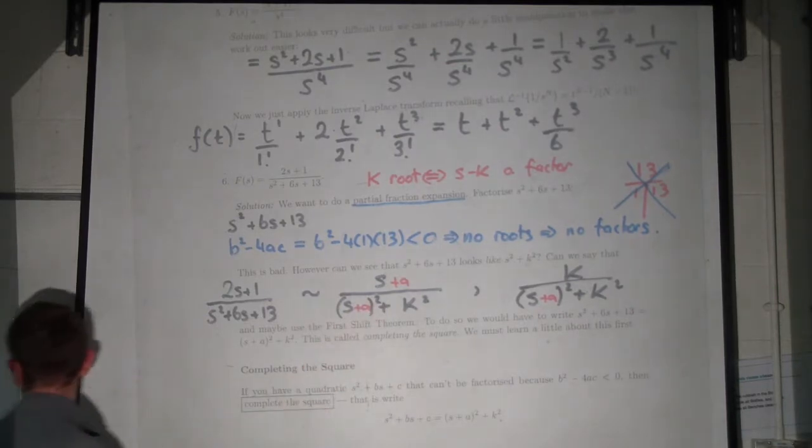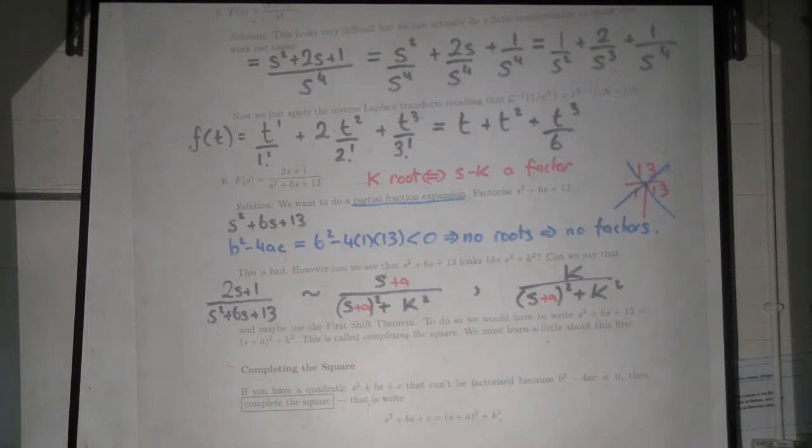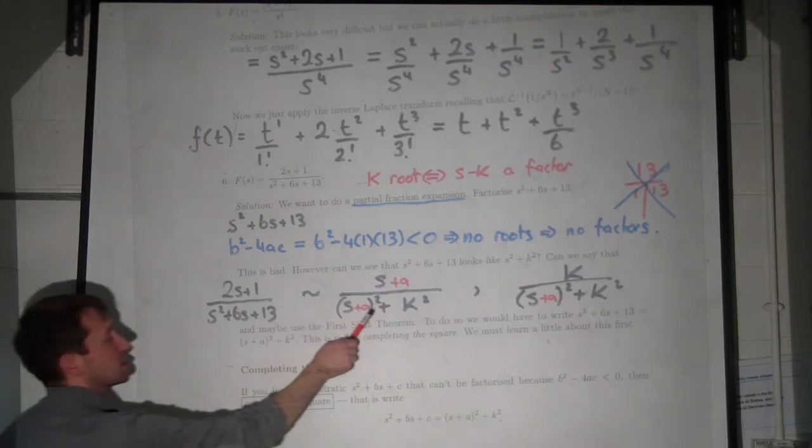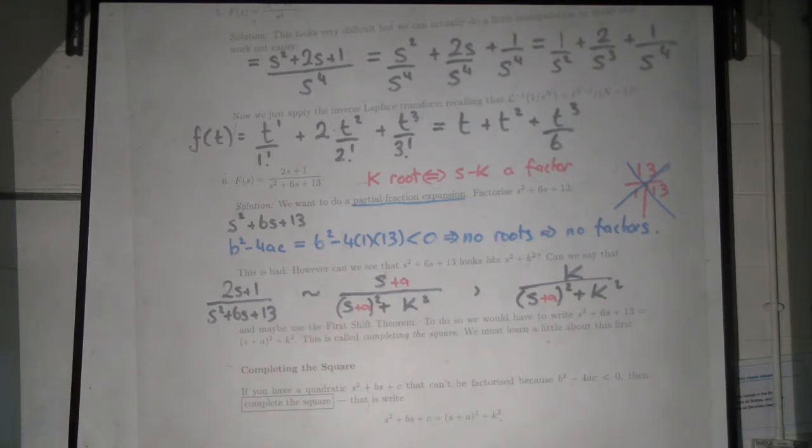If you had one of these, it would come back as a cos, but the plus a would mean it's shifted. So this one here is a cos but shifted, so we must multiply it by this exponential shift. If we were to send that back, you'd have cos kt times a negative exponential. What happens to this negative exponential? It's minus this.